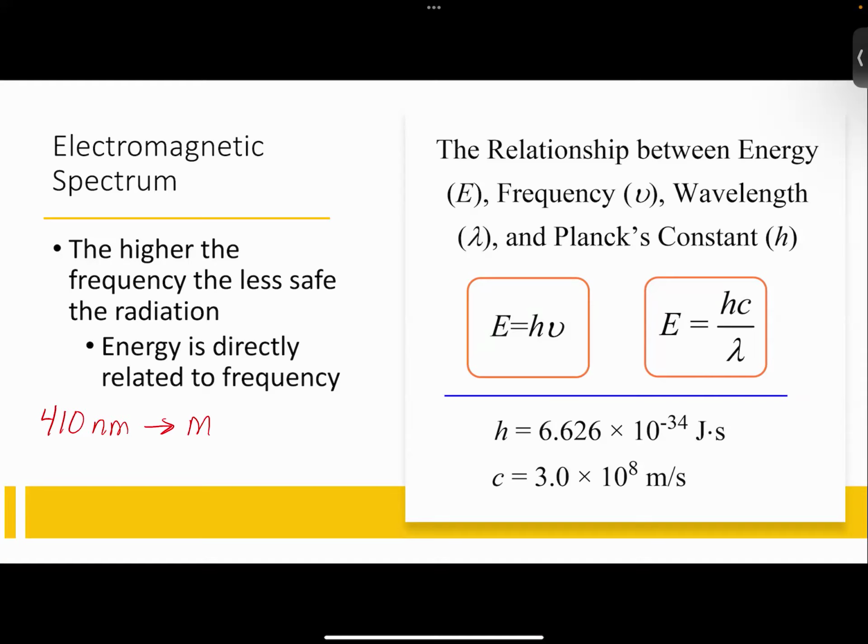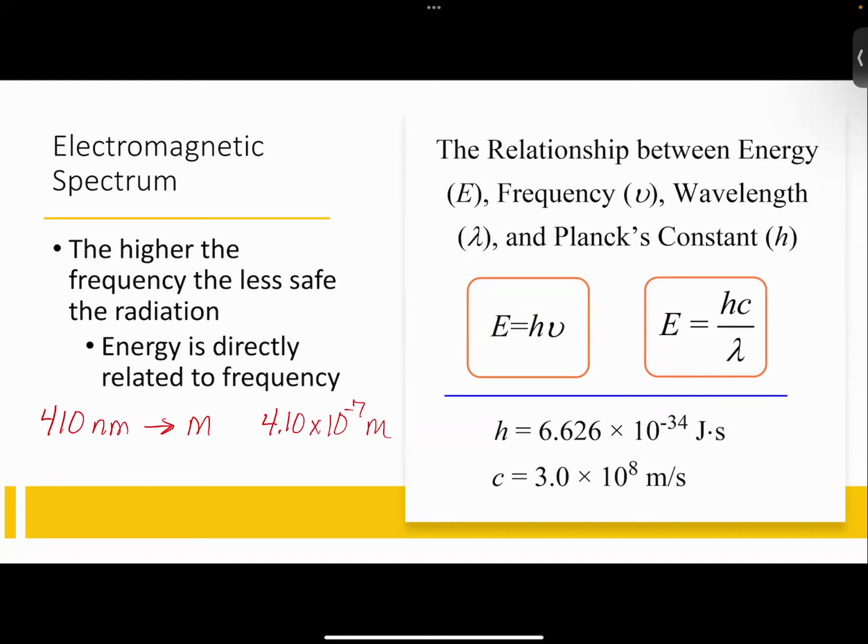So it would be 4.10 times 10 to the minus 7 meters. That was step number 1 for yesterday's lab for the energy calculation. And yes, you have to do that for all 4 wavelengths.